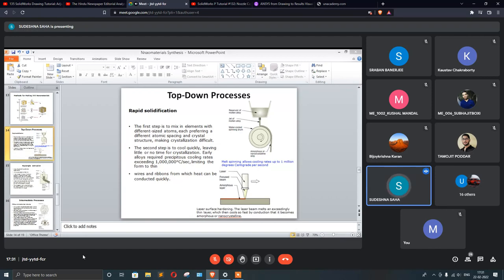If you just mix in the bulk range, you don't get the strength required for aerospace applications. But if you go for deposition in the nano range, that is 10 to 100 nanometers, then only can you obtain that kind of strength in those alloys.